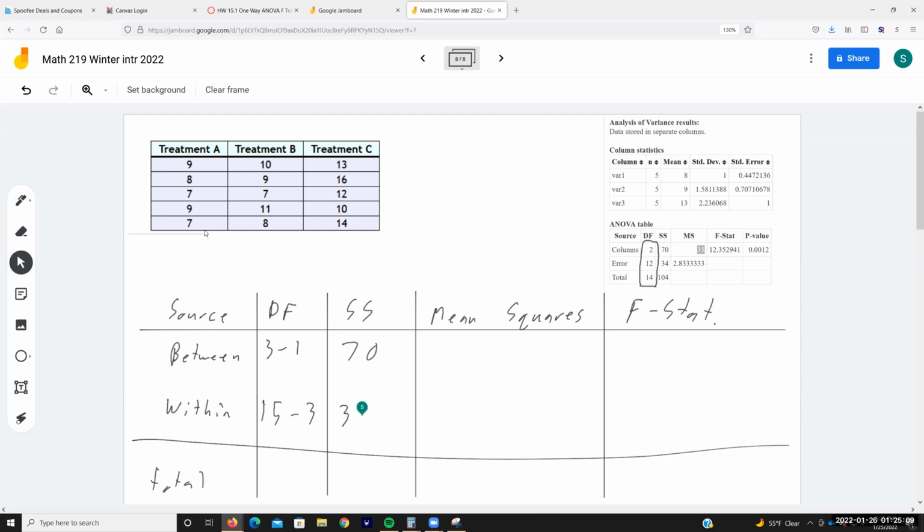Now, one thing that I've talked with my colleagues about is that you need to know how to read it. You don't need to know the details of where to get the numbers. To do this by hand is a little tricky. That's why we have you use technology. Either StatCrunch or Graphing Calculator will let you use it.